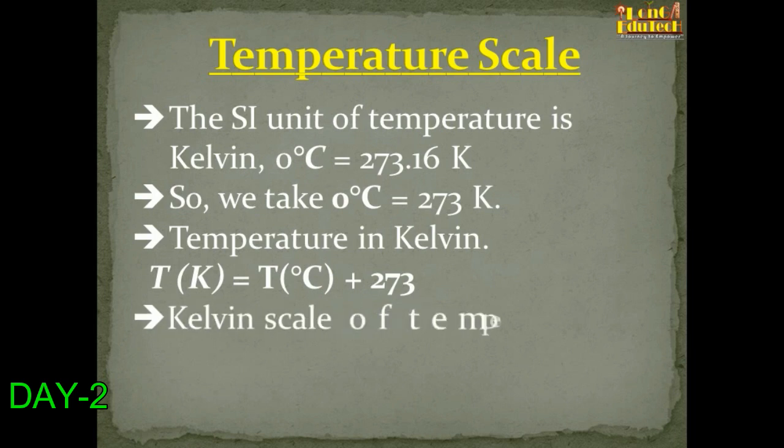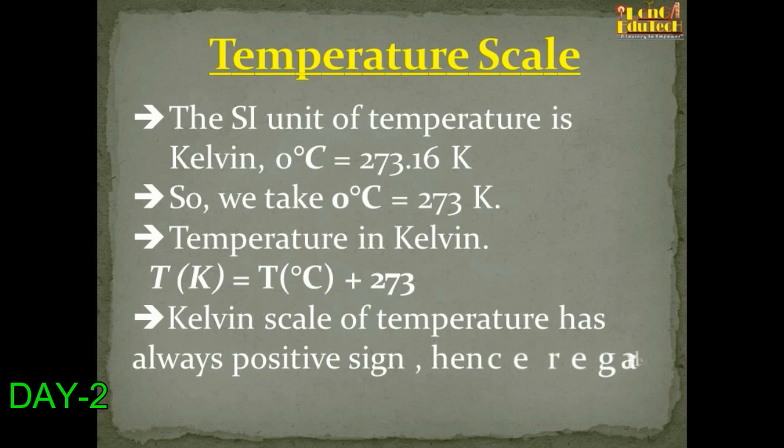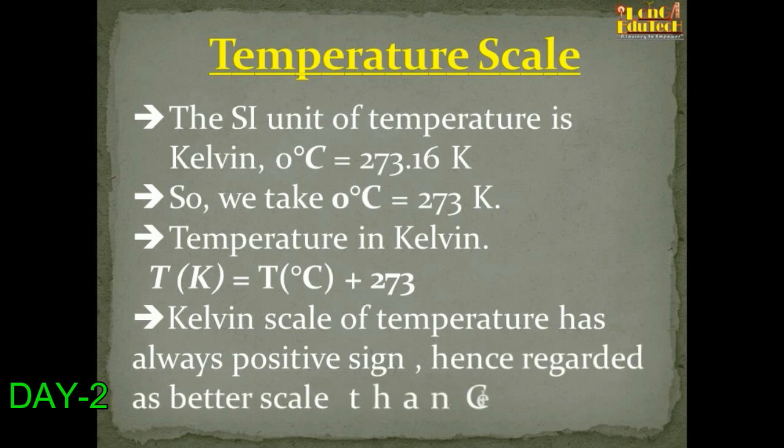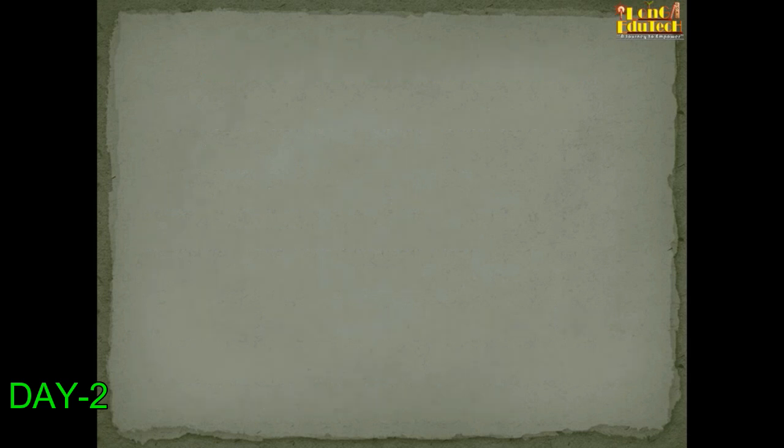And the Kelvin scale of temperature always has a positive sign. Always we get a positive value. Hence, it is regarded as a better scale than Celsius. And there is another one, Fahrenheit. Okay. And 0 degrees Celsius is also equal to 32 degrees Fahrenheit. Got it?